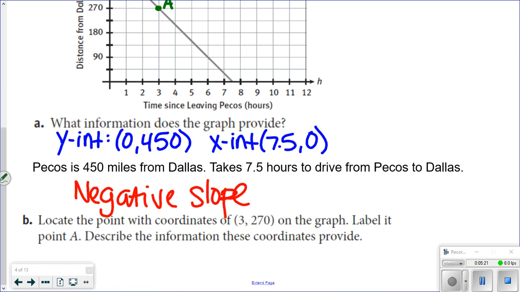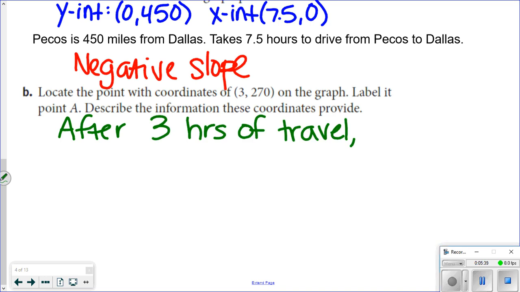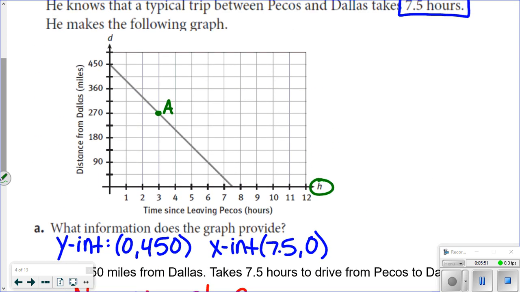So 3 comes first, and that's on our x-axis, or here it's labeled H for hours. So what that means is after 3 hours of travel, Travis is, let's look at what the y-axis is labeled, or the d-axis for distance in miles.